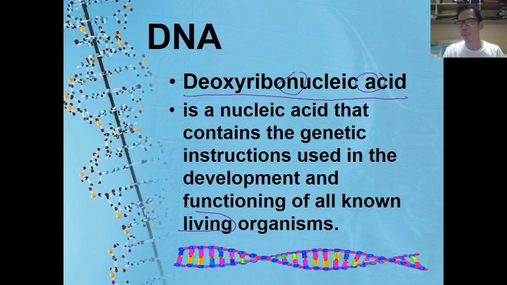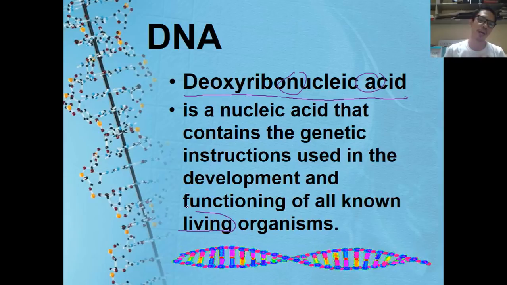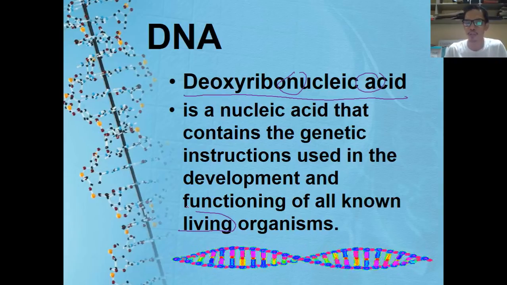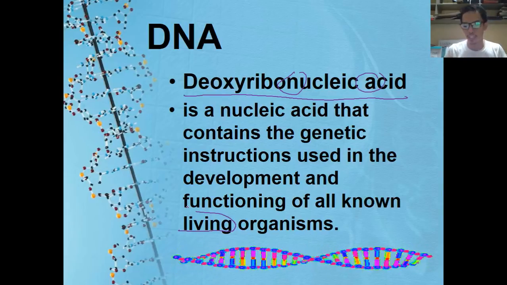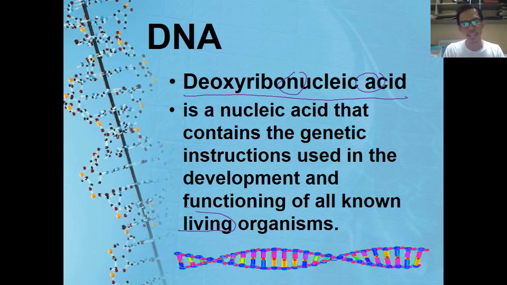Similar to a blueprint, DNA codes for what kind of organism you are, how many body structures you have, and anything else regarding that function. Alright, so that is the DNA.